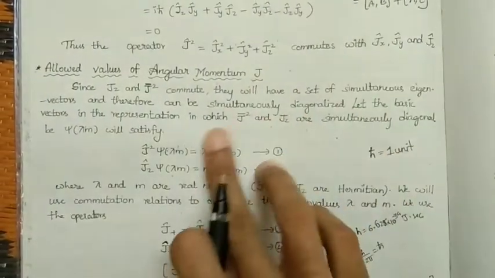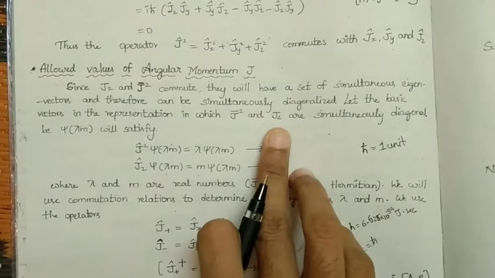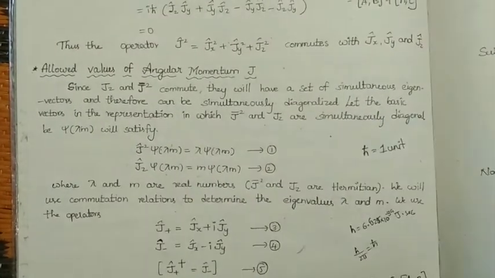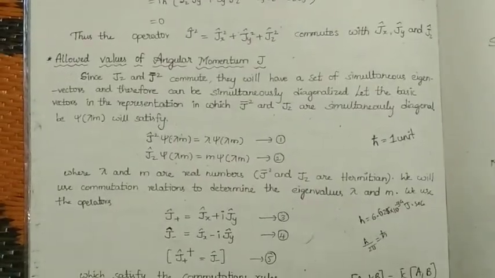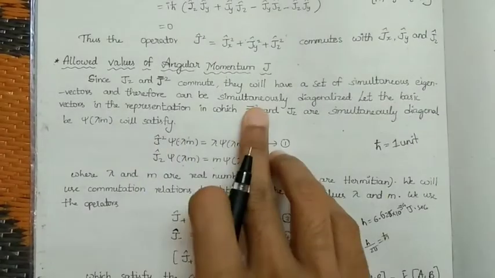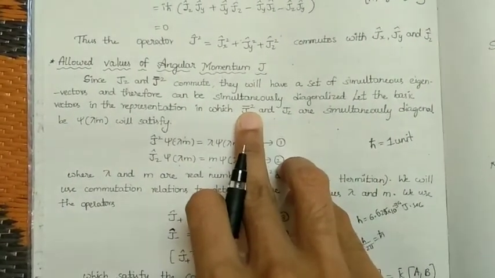So let the basis vectors in the representation in which J square and Jz are simultaneously diagonal be psi of lambda m. Both of them must be diagonalized simultaneously.